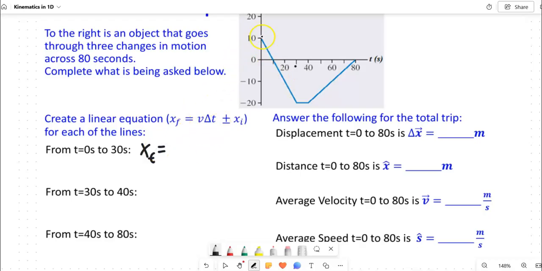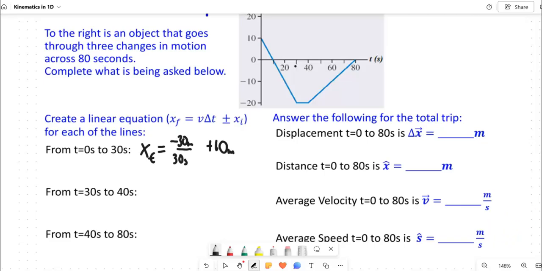So this first line, it starts out at the positive 10 meter mark, and now it ends at the negative 20 meter mark. So if we start here and we're going 1, 2, 3, that looks like a negative 30 meters over the period of 30 seconds.